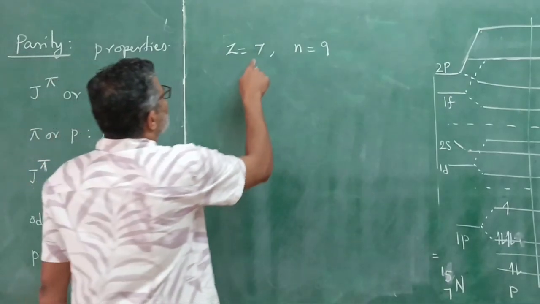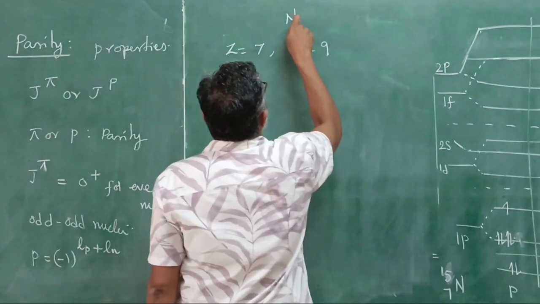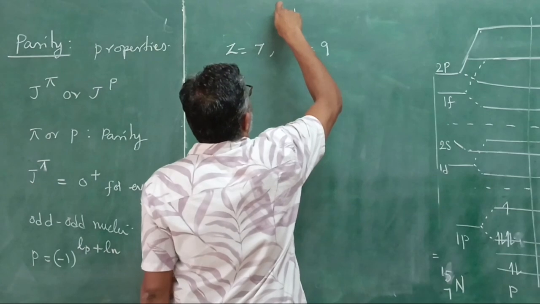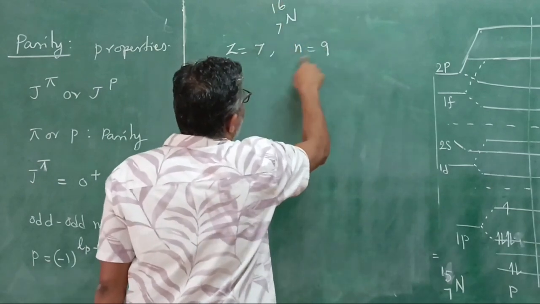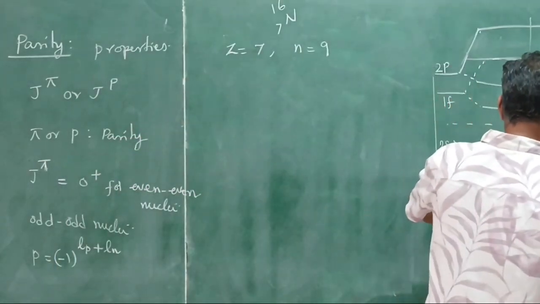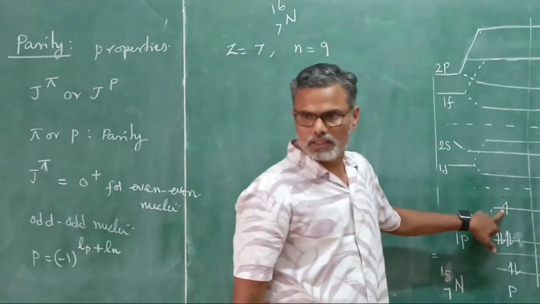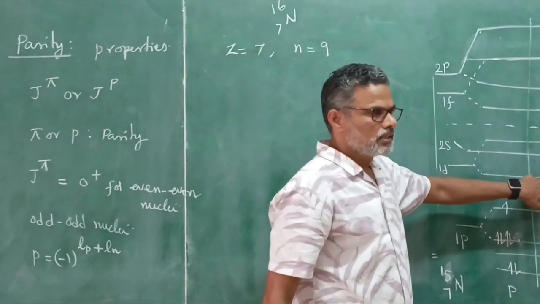So 7 plus 9, if you add, it is 16. So Z value is 7, N value is 9. Now if you are trying to fill, what will you get? If it is 7, then it is going to be here for the proton, and for the neutron, 9 means here.